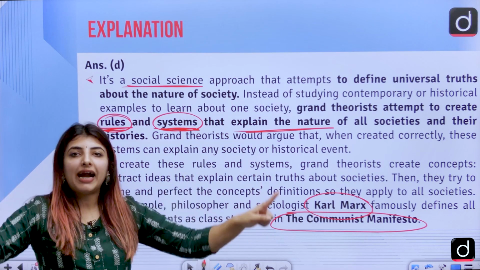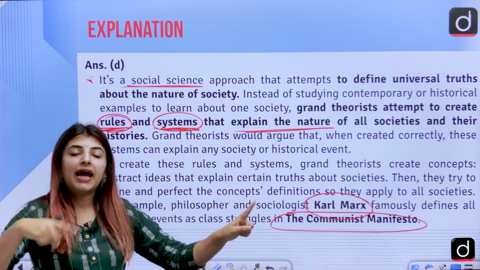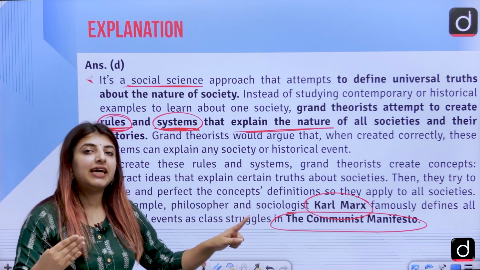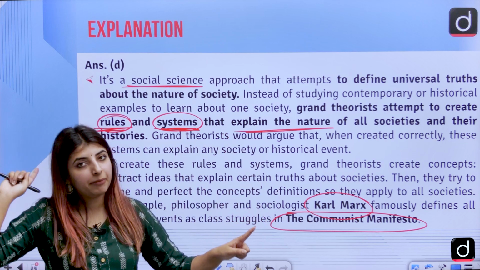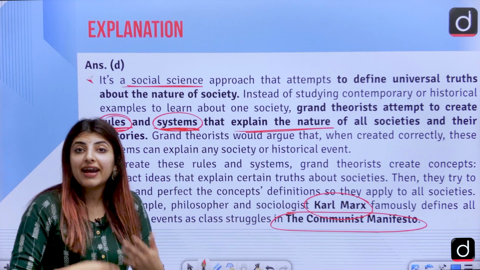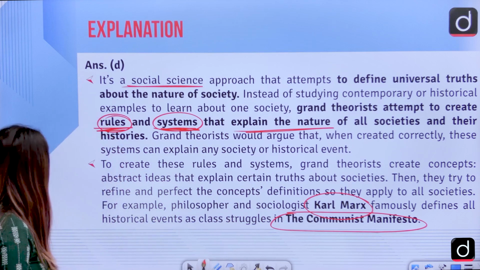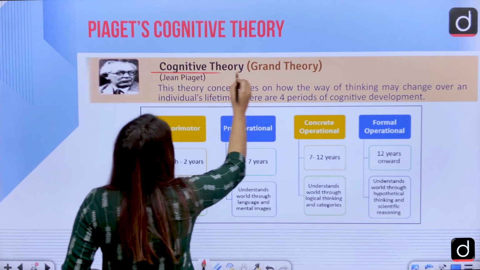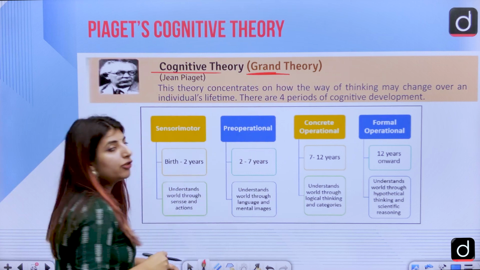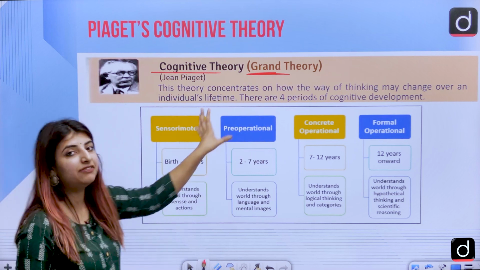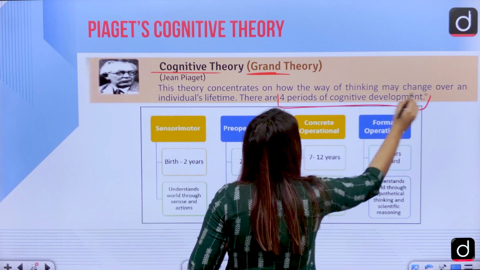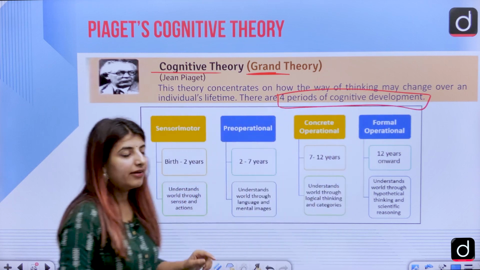So he developed a grand theory of Marxism, and in today's time we even use that very theory to talk about the society and the struggles which have happened in the past or which are happening in today's time. Also, the cognitive theory of Jean Piaget is a grand theory because of how he has defined the 4 stages or 4 periods of cognitive mental development, right?